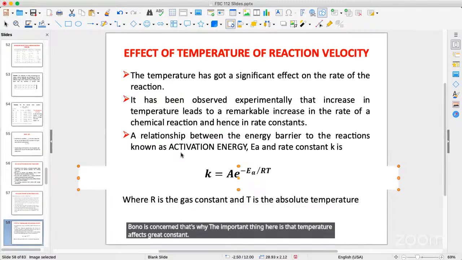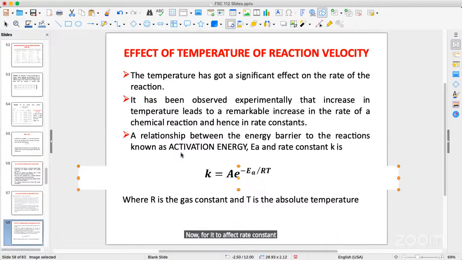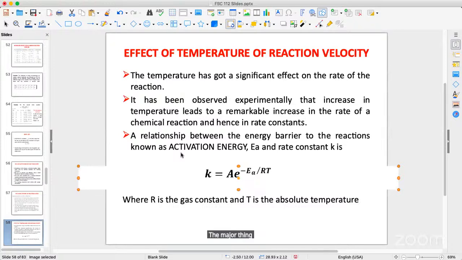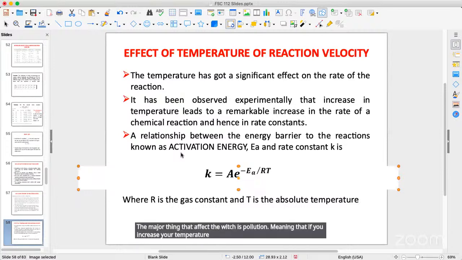For it to affect the rate constant, it affects the rate. Now, how does it affect the rate? It must affect the major thing that affects it, which is collision. If you increase your temperature, of course, the kinetic energy increases, and therefore the number of collisions also increases.